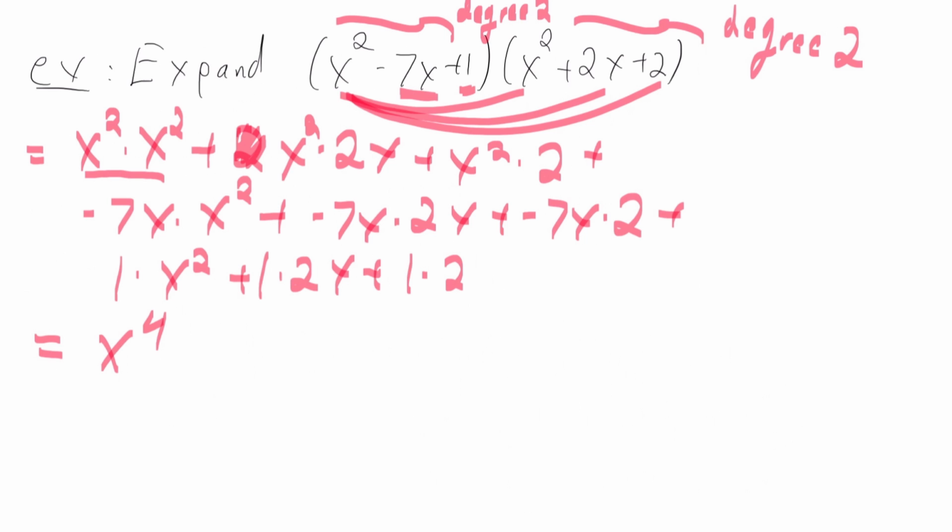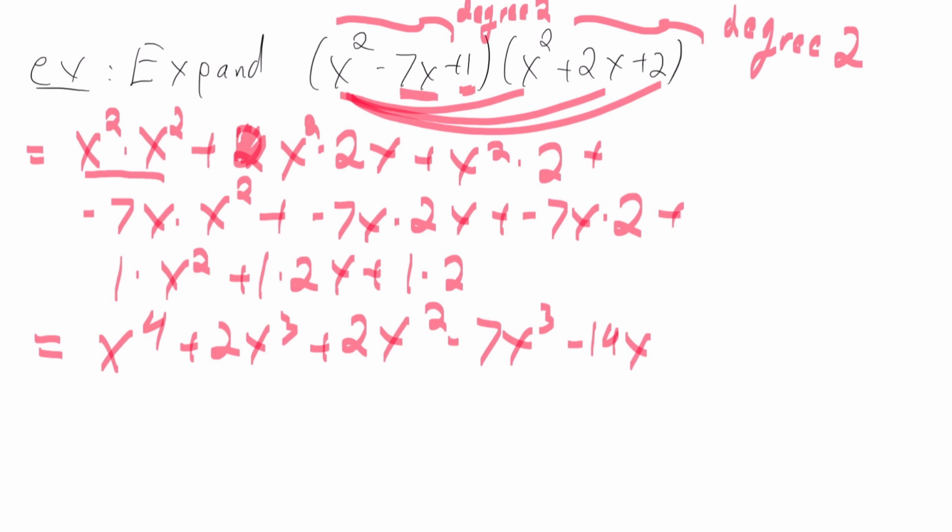And then x squared times 2x is 2x cubed plus 2x squared minus 7x cubed minus 14x squared minus 14x. Mercifully almost done. x squared plus 2x plus 2. And then I have to combine everything together.